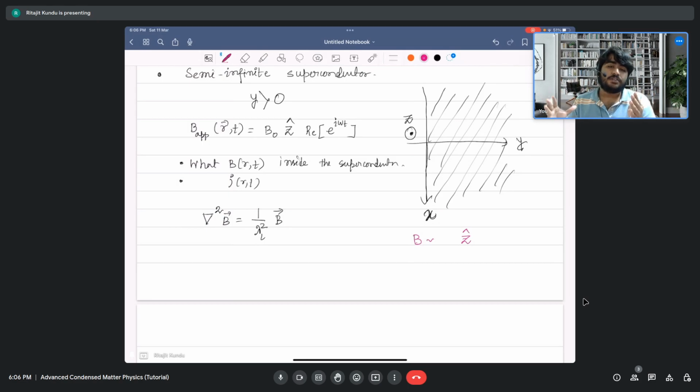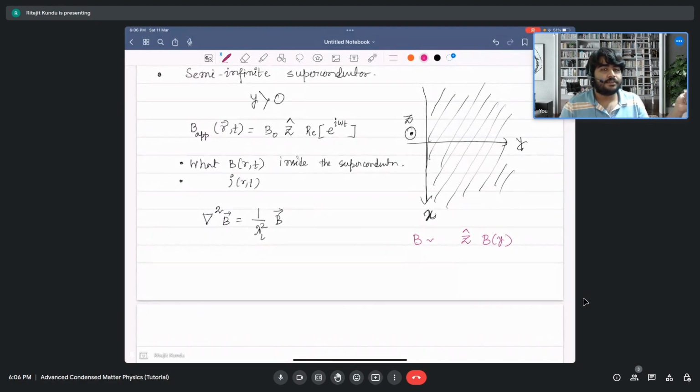So it makes natural sense to ask for a function which depends on y and doesn't depend on the other two spatial coordinates, x and z, because those directions are infinite. Typically when these are infinite, the solutions don't depend on those directions. It will only depend on directions which are finite, which have an edge or surface.